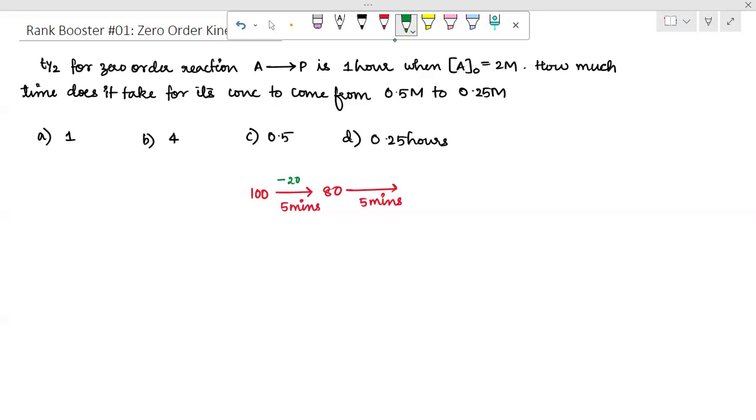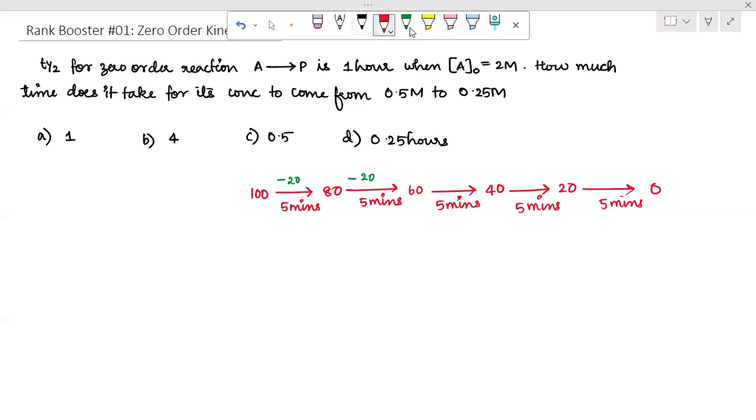In the next time interval, again the same amount will be reduced, so it will reach 60. In the next 5 minutes, it will reach 40 because of the drop of the same amount. And in the last one again, it will come to 20 and finally to 0.